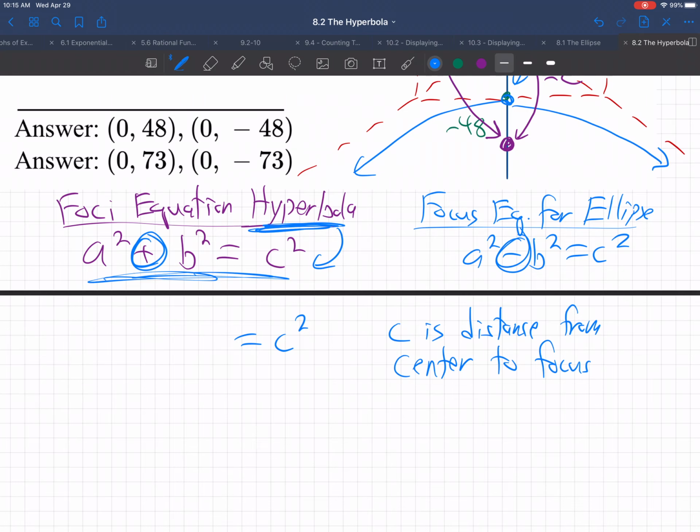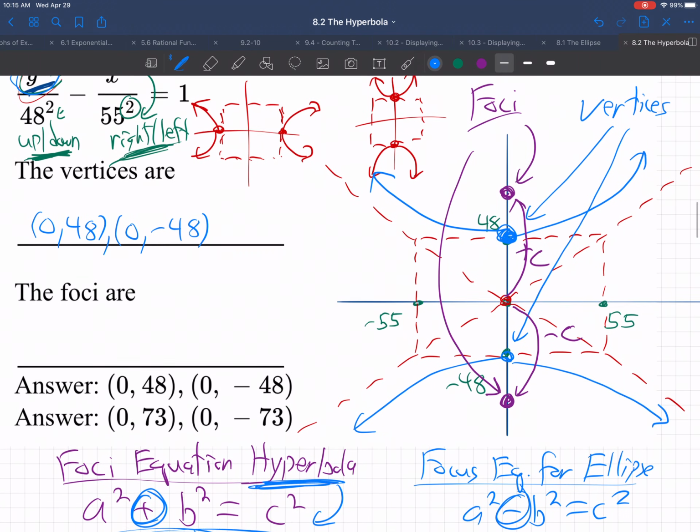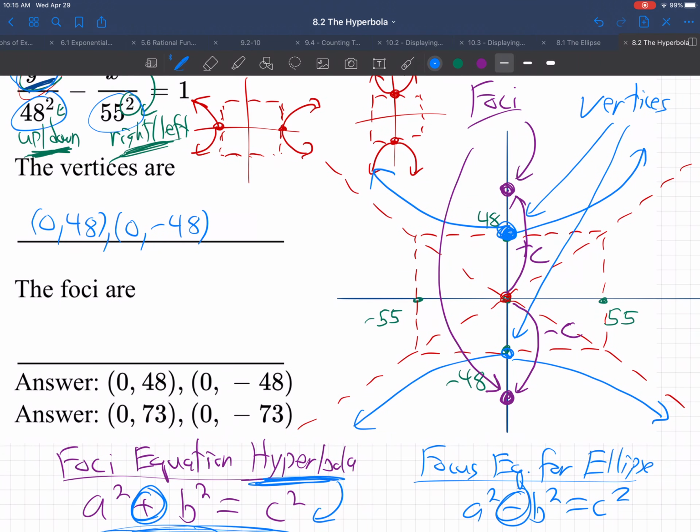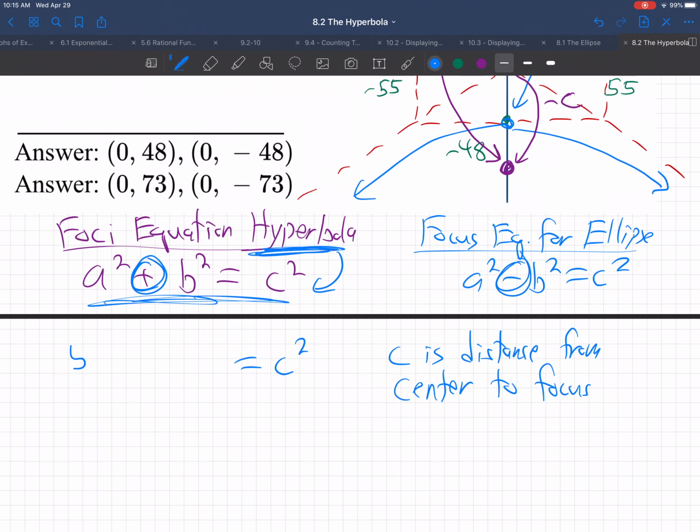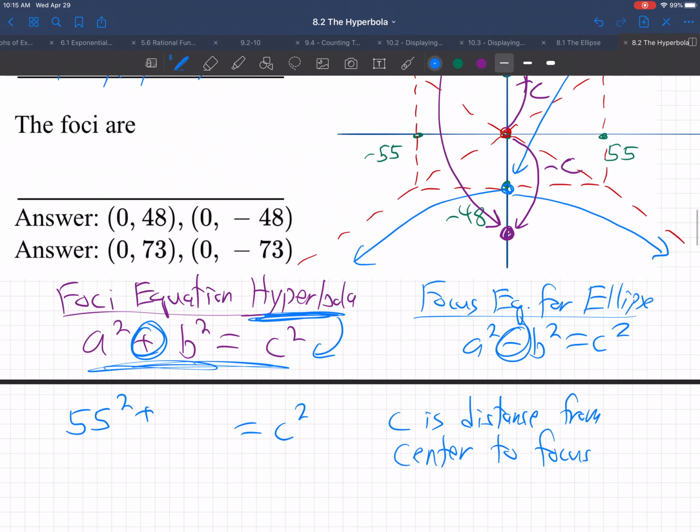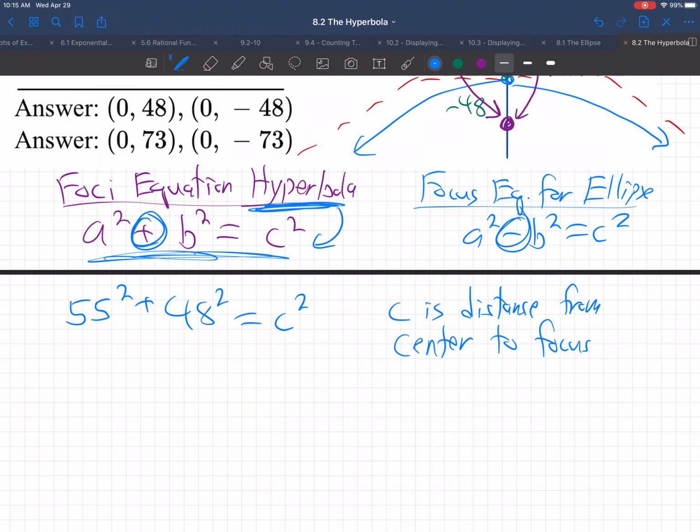Okay, so what are a and b? a squared and b squared are these two numbers here. And it doesn't really matter which one you put first or second. You don't have to worry about which one's bigger or smaller because they're just added. So the order doesn't matter. Just grab a squared and b squared. Use your calculator, which I'm going to do right now. 55 squared is 3025, 48 squared is 2304.